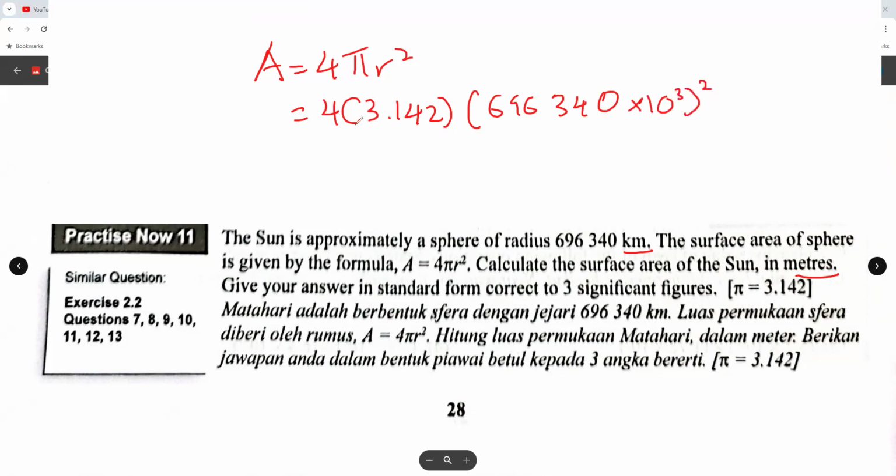And then this is square. Okay. Now I just want you to press the whole thing into the calculator. The calculator will give you the answer. So they wanted 3 significant figures. You get 6.09 times 10 power 18.